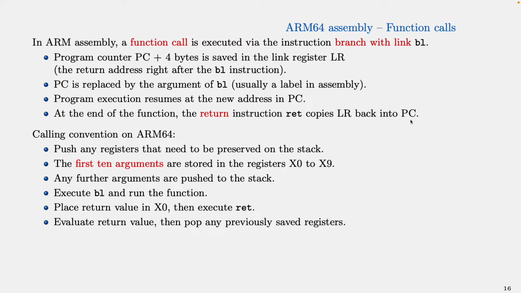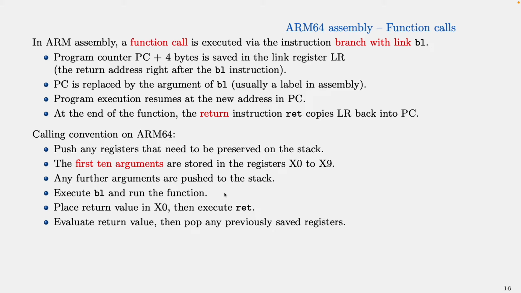The calling convention on ARM64 is as follows. Before we do the branch with link, we push any registers that need to be preserved for after the function call onto the stack. Then the first 10 arguments for the function are stored in the registers x0 to x9. And if we should have any more arguments, we will push them on the stack. Then we execute the branch with link and run the function, do whatever the function is supposed to do.